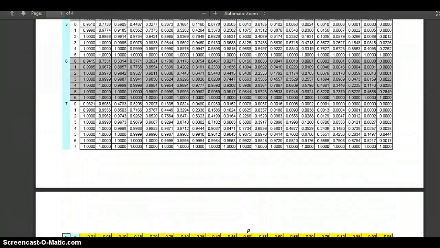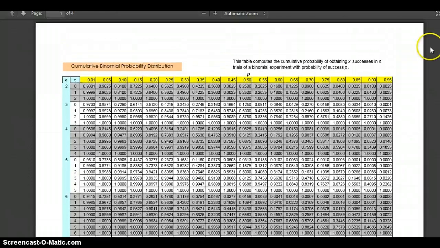What this table tells us is the cumulative probability of obtaining X successes in n tries, with at most X successes. Always remember this table only applies to X less than or equal to a given number.